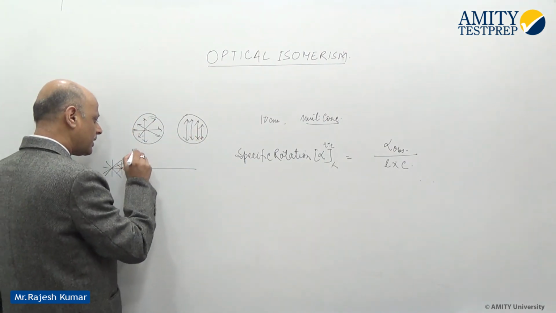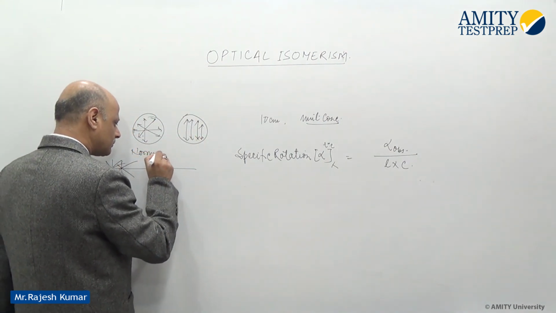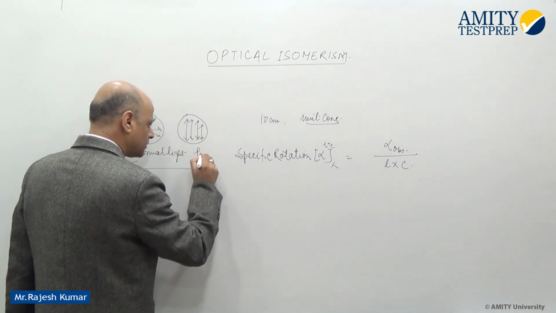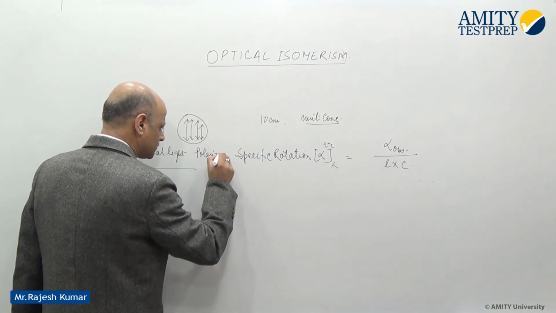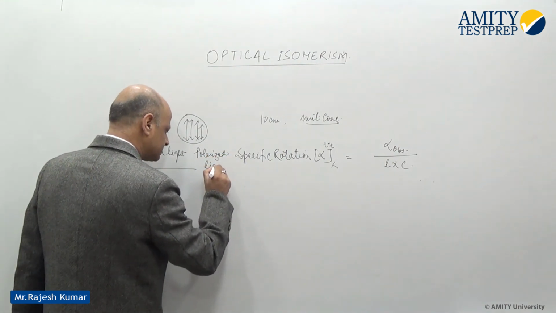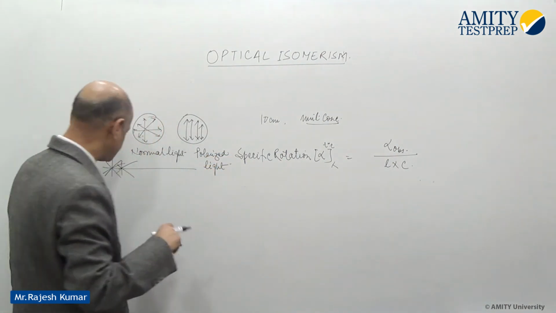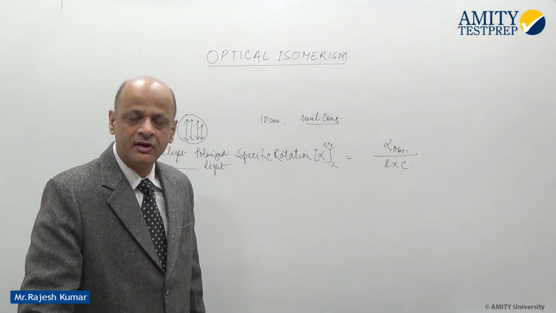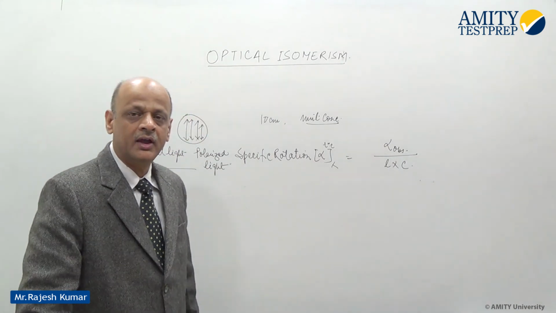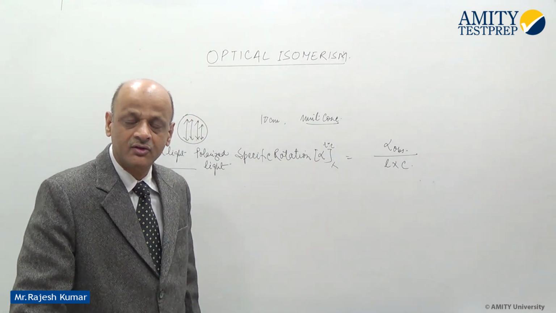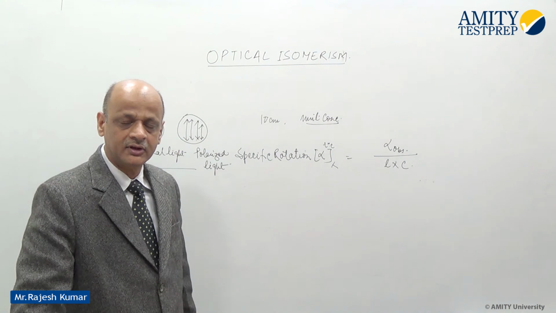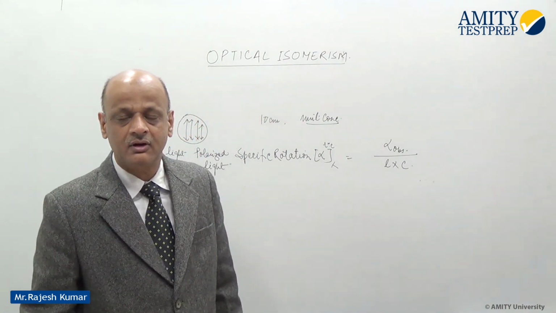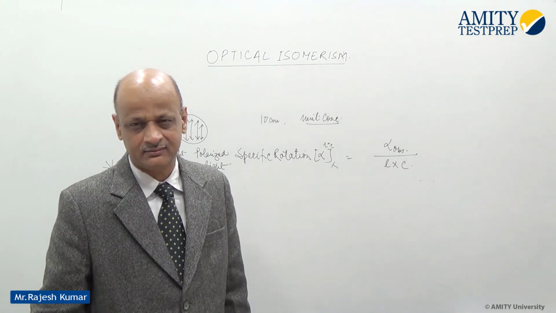So this is your normal light, and this is your polarized light. A normal light can be converted into polarized light when it passes through a specific prism known as Nicol prism. Nicol prism is made up of calcium carbonate crystals, called calcite.